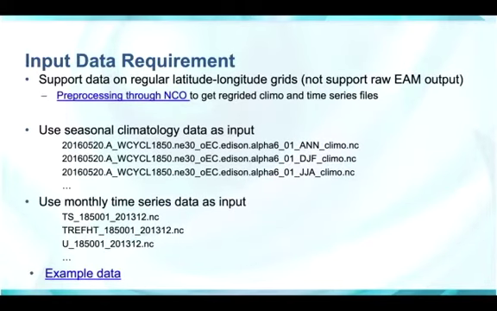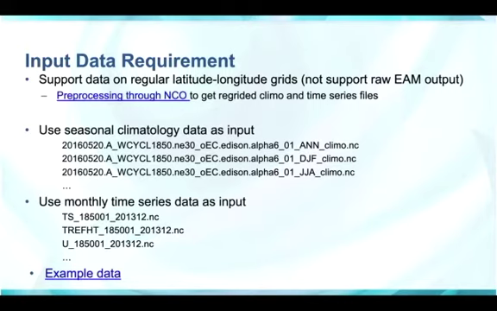For input data requirements, unlike MPAS-Analysis for ocean component, E3SM Diags only takes data on regular lat-lon grids. Therefore, one has to process the raw E3SM atmospheric model output into the climatology and time series files using NCO.